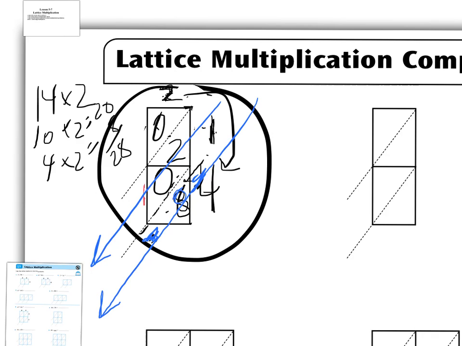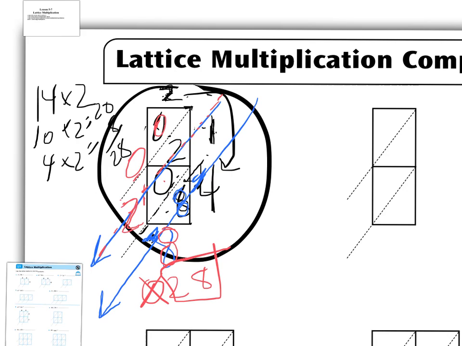So this 8's all by itself, so you can put the 8 there. Now once again, we're going to add at an angle. We have 2 plus 0, which equals 2, so you put it in between the dotted lines here. So we have a 2 here, and then our only other digit up top is a 0, we can bring it down. So that 0 doesn't really mean anything. So our number is 0 2 8, who cares about that 0, and our answer is 28.